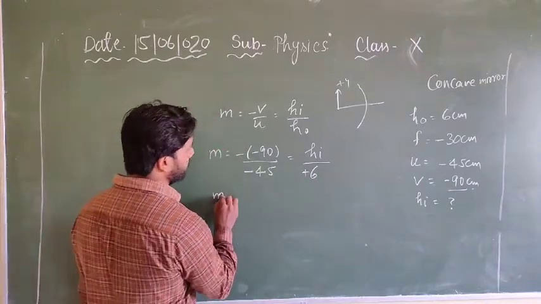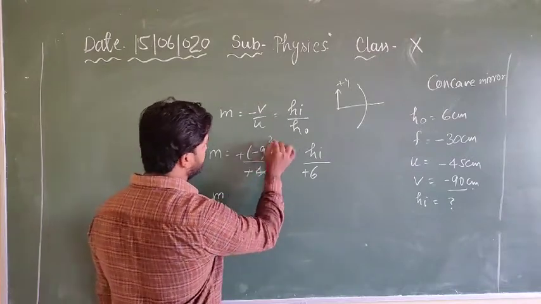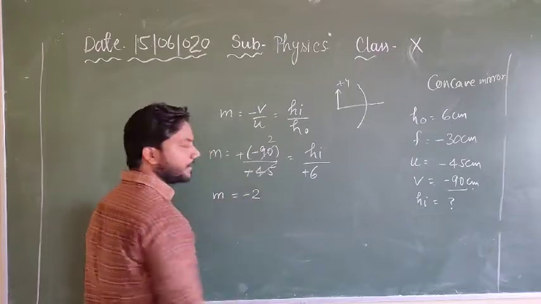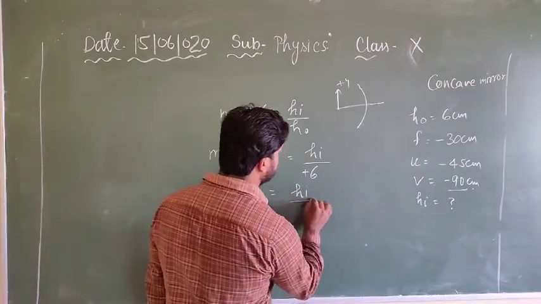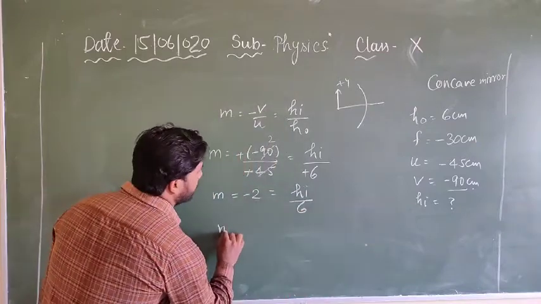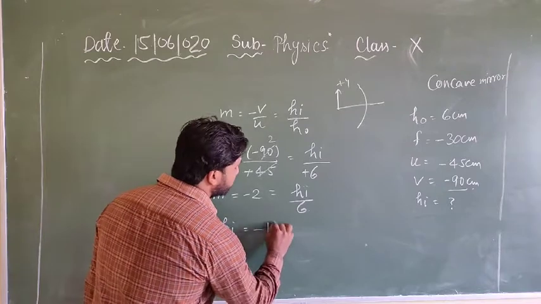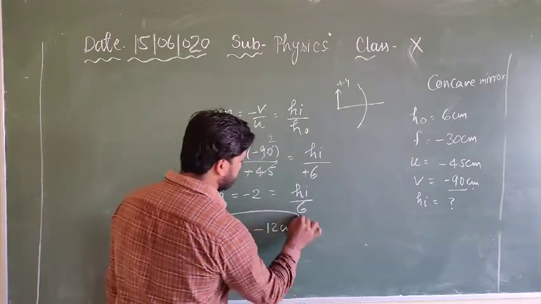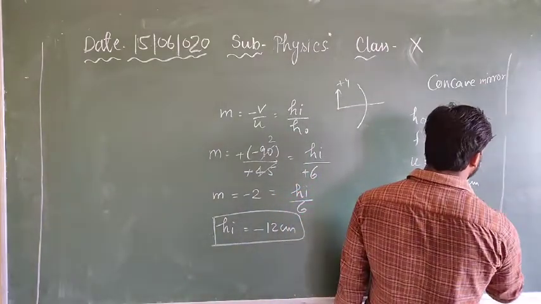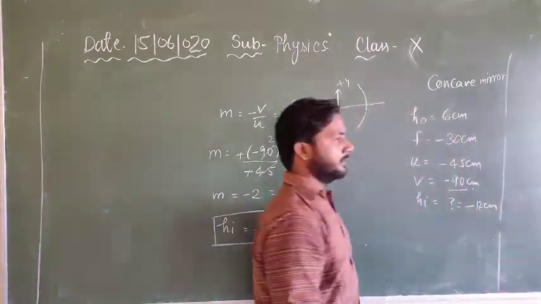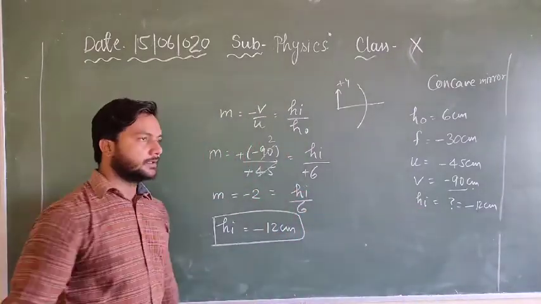So minus to minus, this value will be 2, means magnification will be minus 2. Times 6, so HI will be minus 12 centimeter. What does this minus sign indicate in this answer?